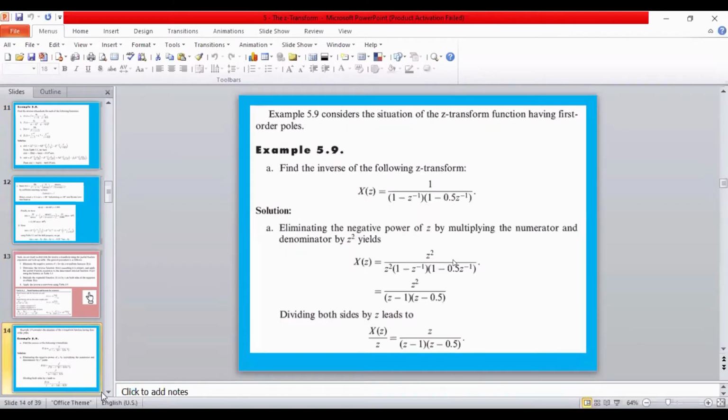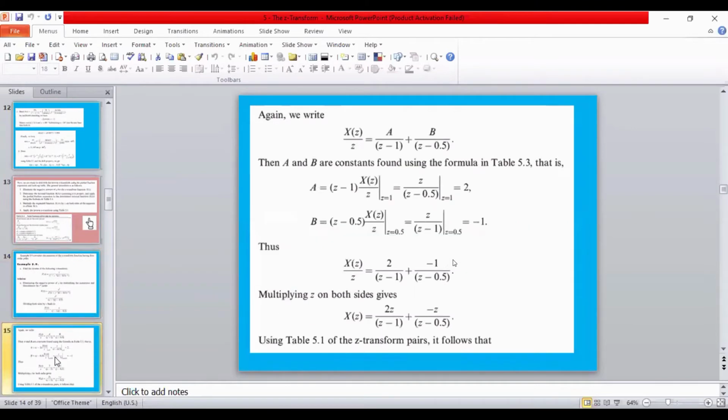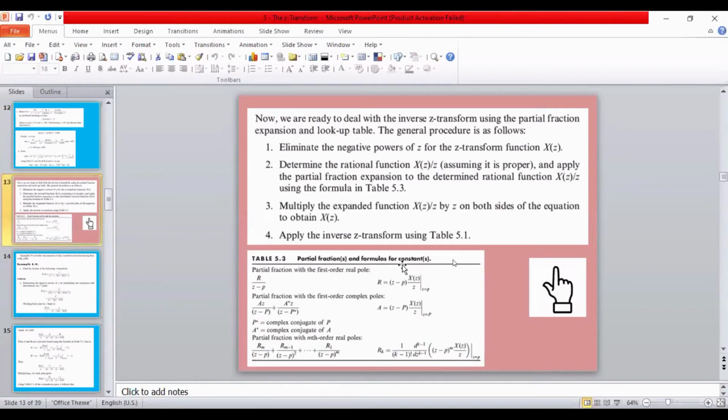Next, what we do here. Now that's the idea. We want to split it into two parts. And we have to determine the constants a and b. For the time being, we write them just like that because we don't know what they are. We need to find them. And finding the constants is using the recipe here.